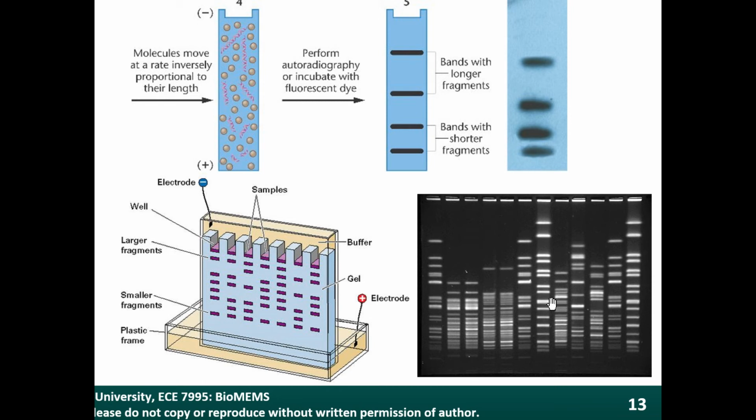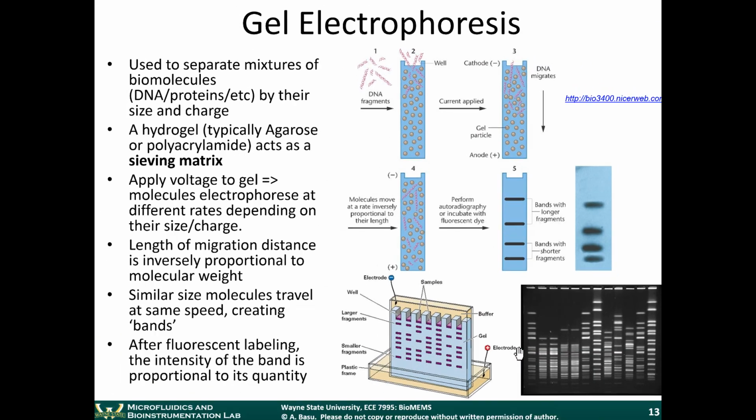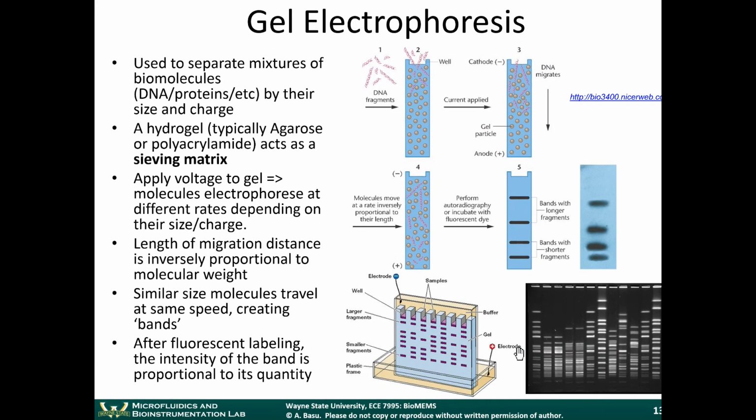That's called DNA fingerprinting. And if the DNA sample at the crime scene matches up with the fingerprint of an individual, then you know you have a match. You can say with some certainty that there's a match. And it's all coming from this type of genomic analysis. So this is gel electrophoresis.